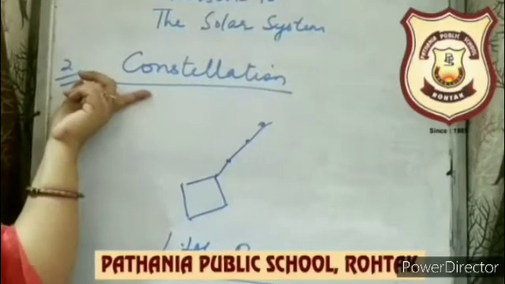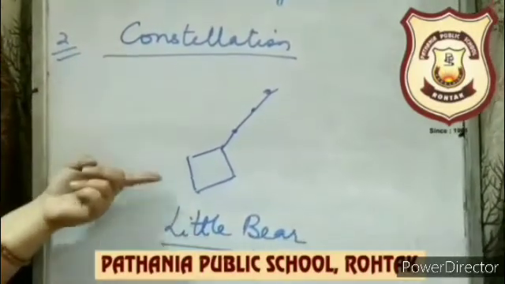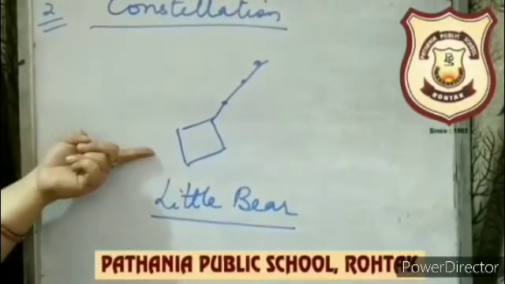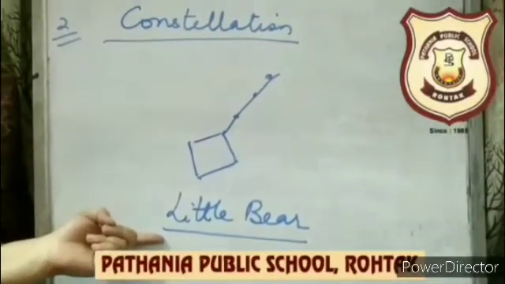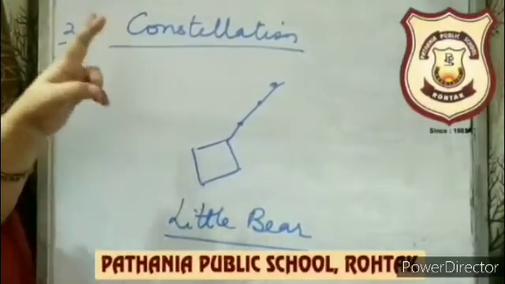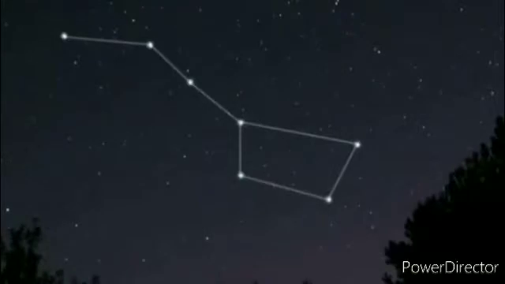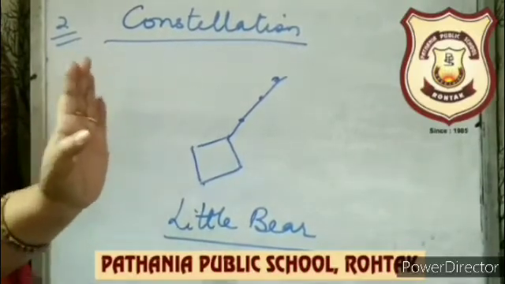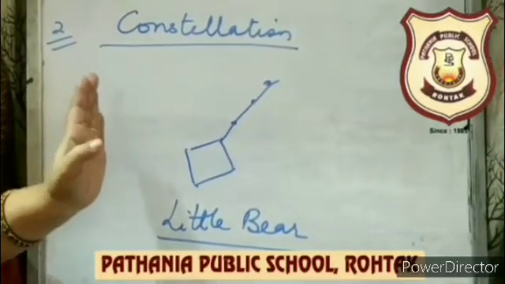Now the second topic is constellation. What is this beta? This is a constellation, little bear. If you look at the stars in the sky, they seem to form some patterns. A group of stars that form a recognizable pattern or shape in the sky is called a constellation.